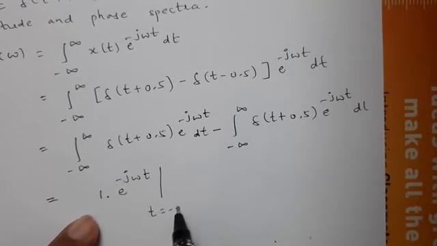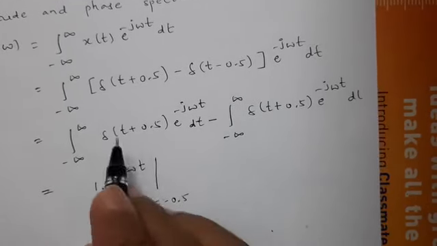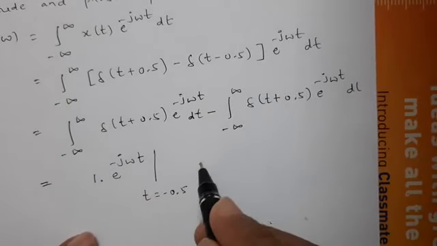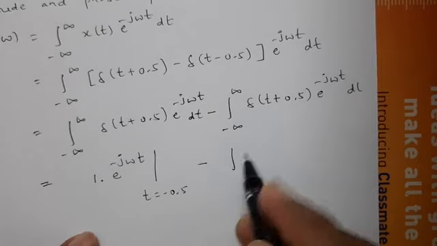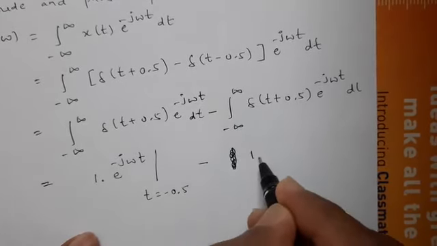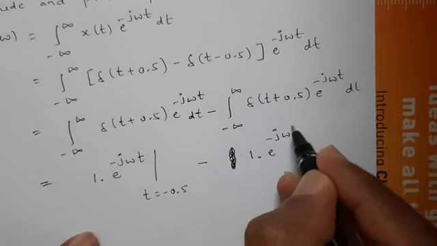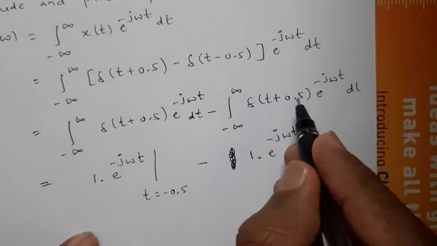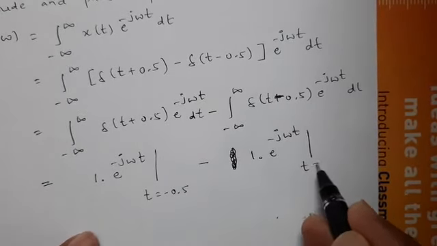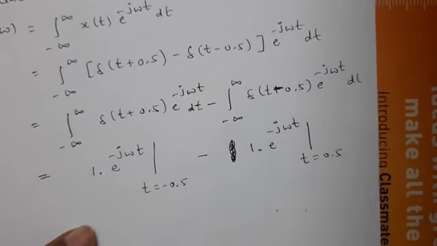At t equal to minus 0.5, since t + 0.5 equal to 0, minus 1 into e^(-jωt) at what value of t? This is minus, t equal to plus 0.5.